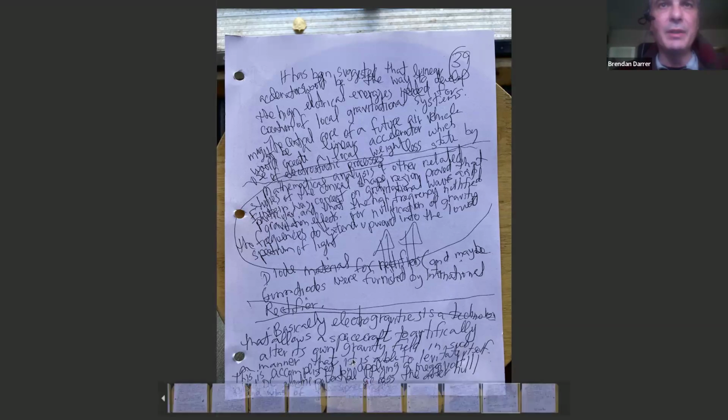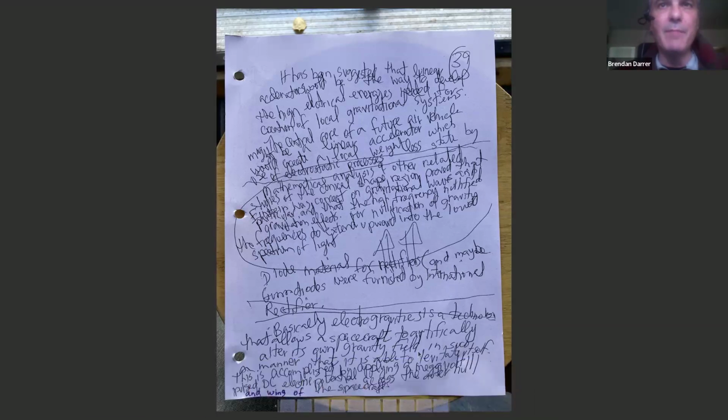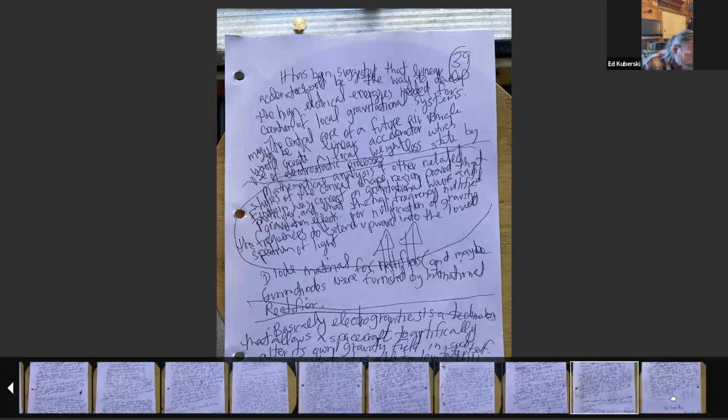This is accomplished by applying a megavolt pulsed DC electropotential across the outer hull and wing of the spacecraft.